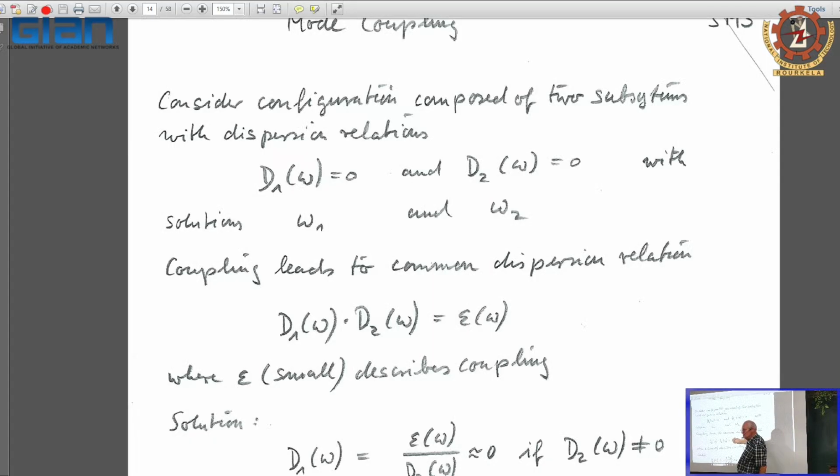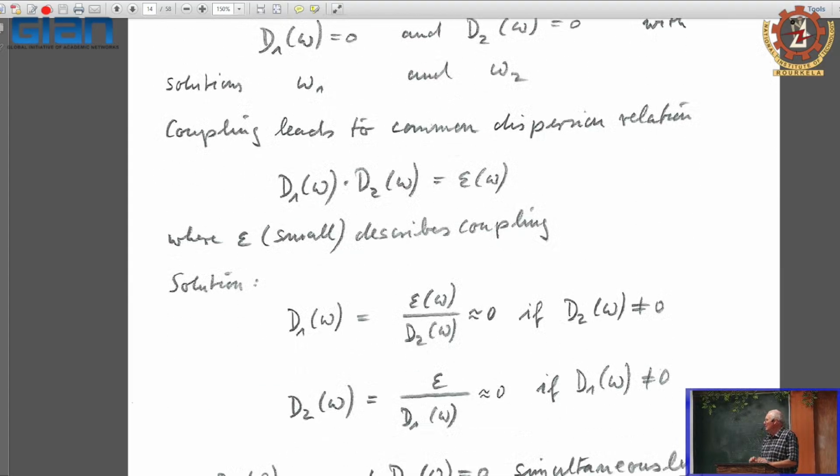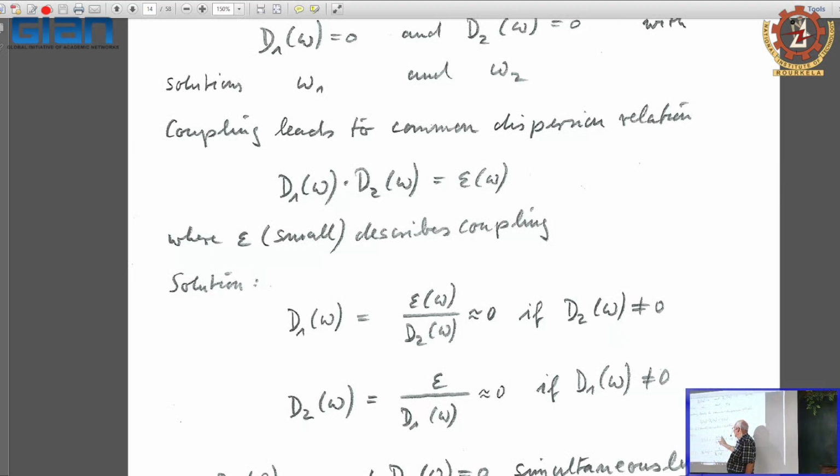If no coupling exists, we have d1 of omega equals 0 and d2 of omega equals 0 as the separate dispersion relations. Now, if epsilon is not 0 and we have a small coupling, well, if d2 is not 0, then we can write d1 of omega is epsilon over d2, and once d2 is not 0, then this will be small, and d1 of omega equal to 0 will be the solution of the problem.